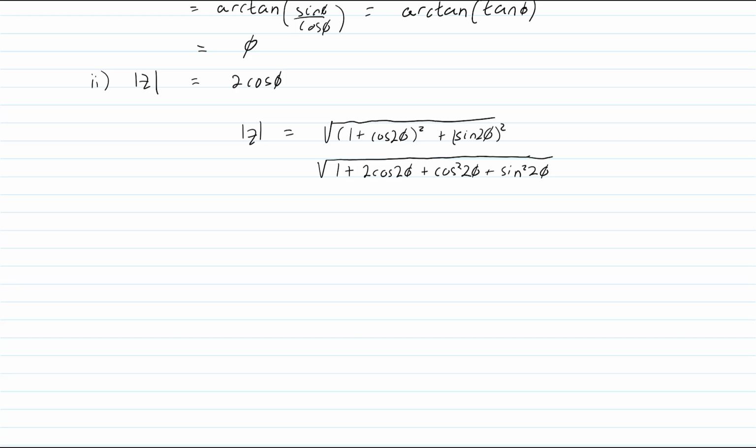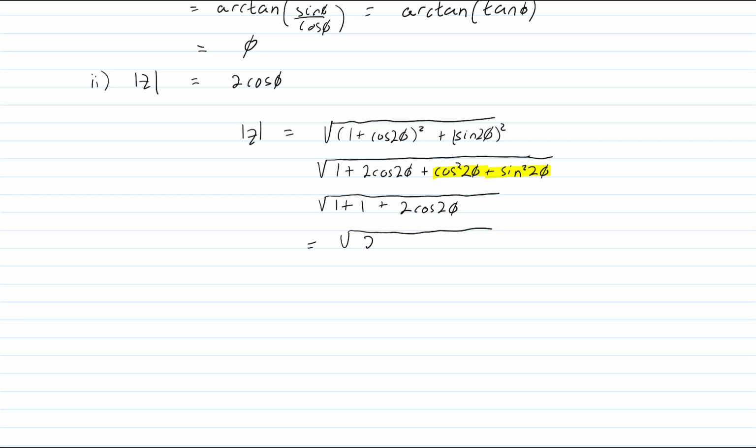Now this part here, cos squared 2 theta plus sine squared 2 theta, is just equal to 1. So then we're going to end up with, I'll just write this step here, you can kind of skip this one and go straight to the next one. 1 plus 1, that's equal to 2, plus 2 cos 2 theta, just to make that very clear there.